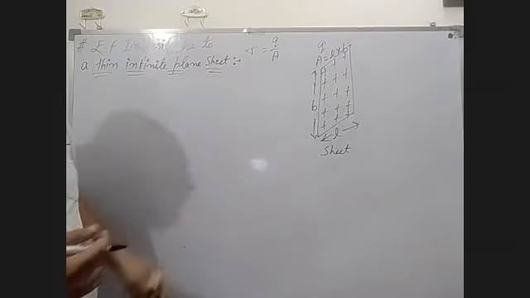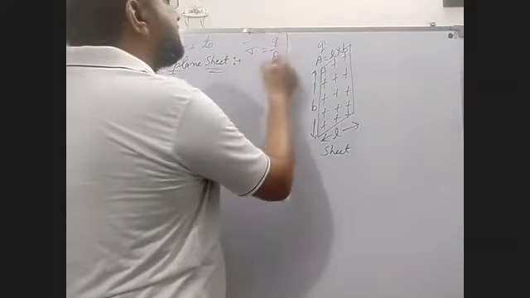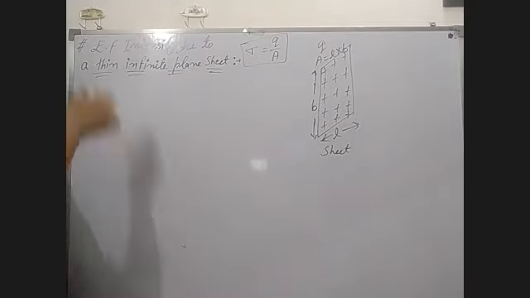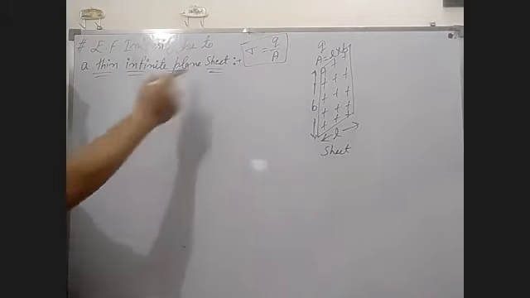So sigma is equal to Q by A. Now this is the designing of the sheet, but now our question is, we have to find electric field due to this infinite plane sheet.